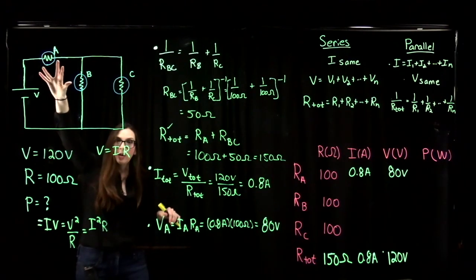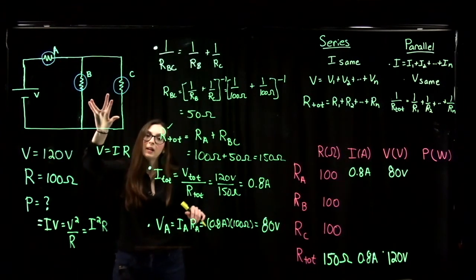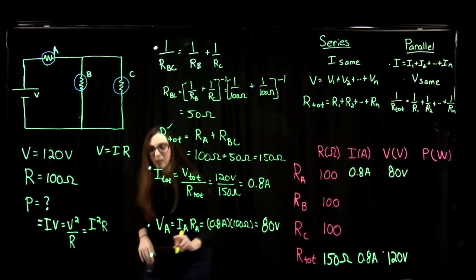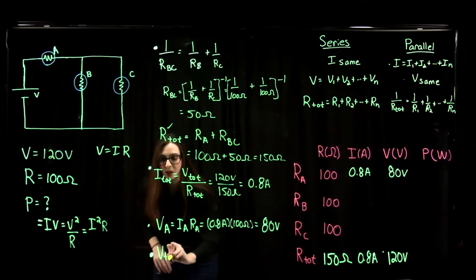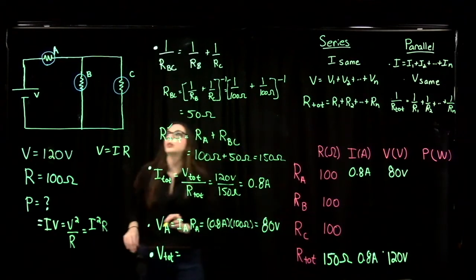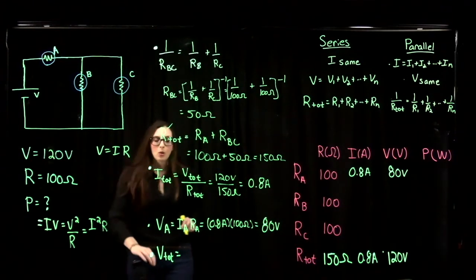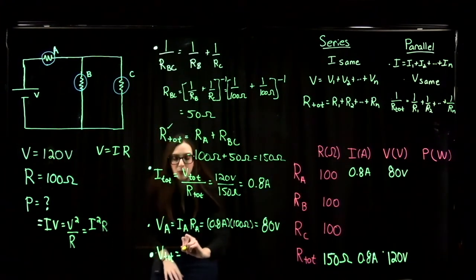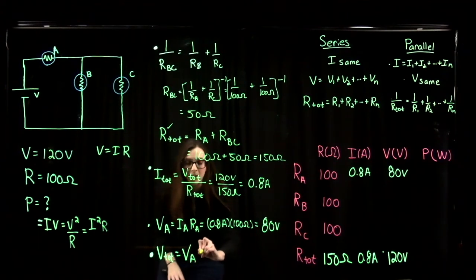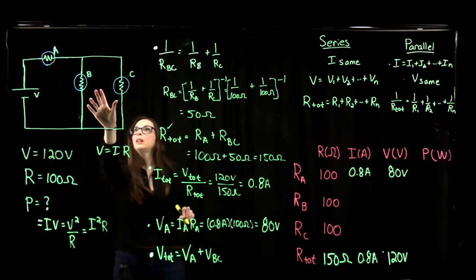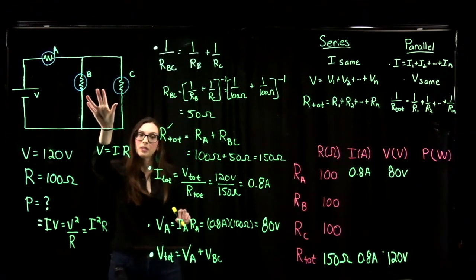Now remember, bulb A is in series with bulbs B and C, which are in parallel. So when we're in series, the total potential has to equal the sum of the potentials across our individual elements. So the total potential supplied by my battery has to equal the potential across bulb A plus the potential across the combination of these two resistors in parallel.